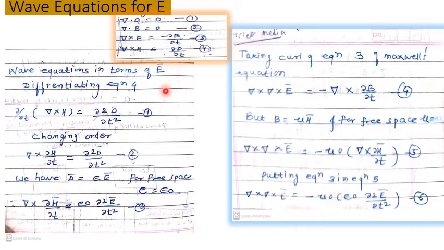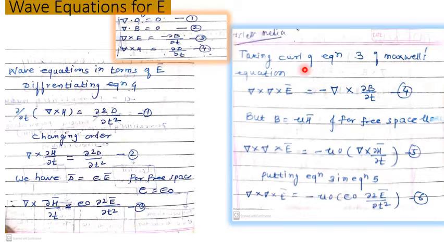Then changing the order, del cross dH by dt, taking the d by dt inside. The remaining equation is the same, d2D by dt square. But here we have D is equal to epsilon E bar, and epsilon is equal to epsilon 0. So put that value in this equation. Therefore del cross dH by dt is equal to epsilon 0 d2E by dt square.